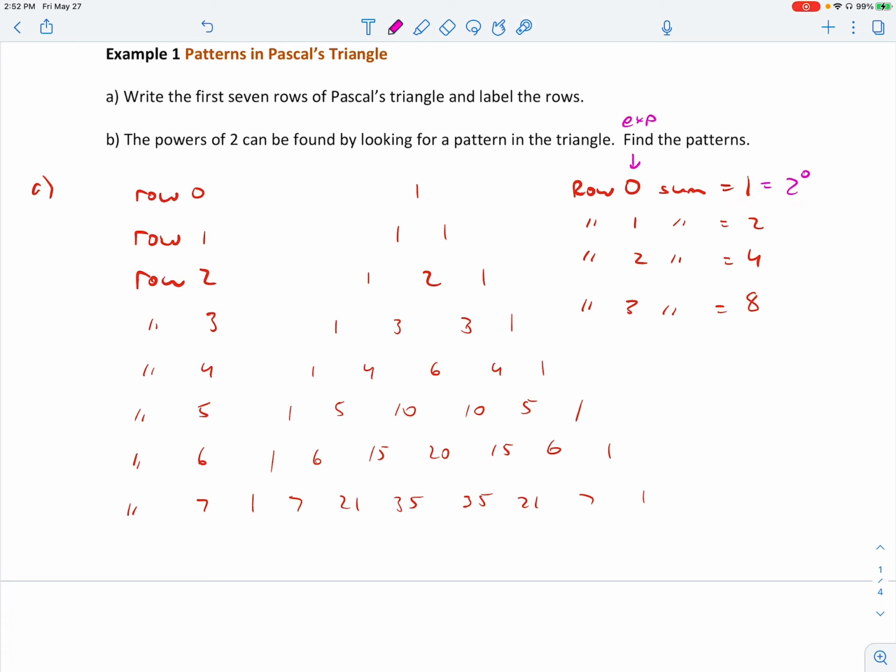So for row 1, 2 to the 1, well, that's equal to 2, which is the sum. So again, that's the pattern. And it's kind of obvious. You can see 2 squared here, and here you see 2 cubed, right? 2 cubed is 8. So the sum of each row, if you add them up, you get the powers of 2. So that's just one of the many patterns that can be found in the triangle.